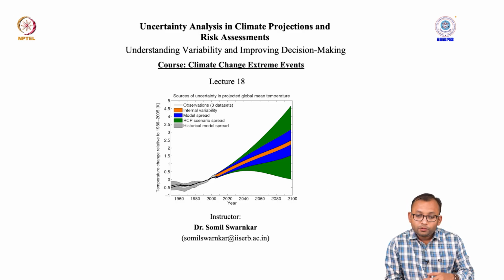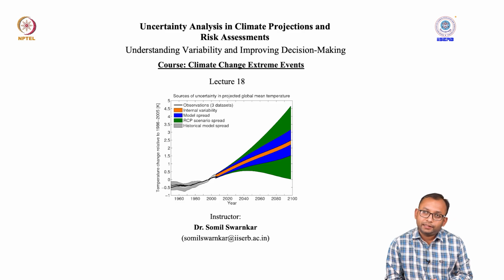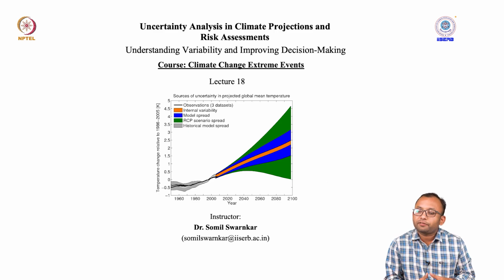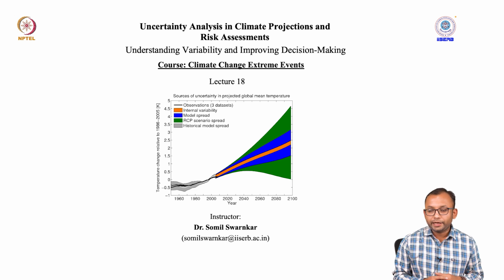In that order, we also have to discuss what exactly uncertainty is in the climate data set, climate extremes data set, or whatever data we are collecting from, let's say, climate models or some observed data set. So what is the uncertainty associated with that data set? Why is it important?